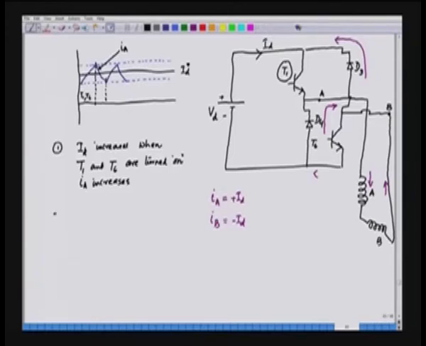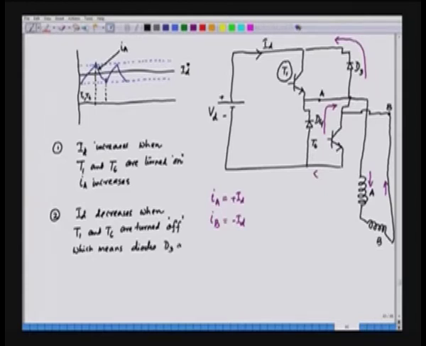This is number 1, and we will say that ID decreases when T1 and T6 are turned off, which means if they are off, which means diodes D3 and D4 are on, and this also means IA decreases.